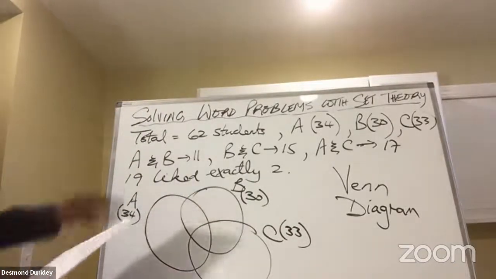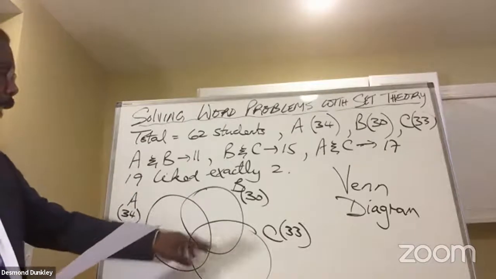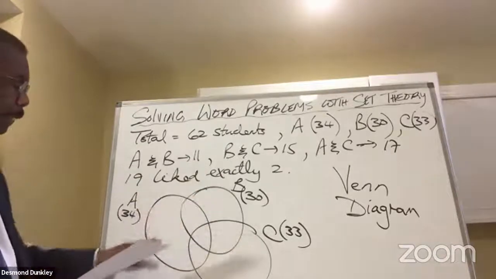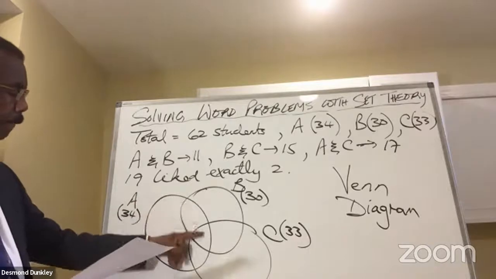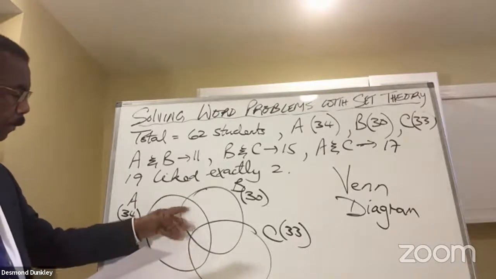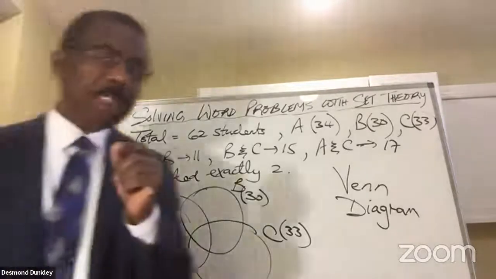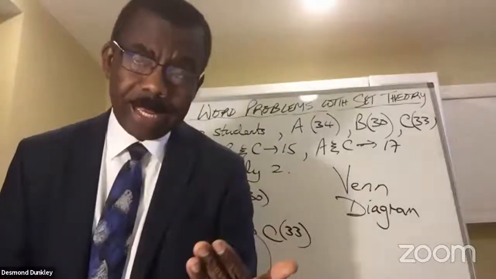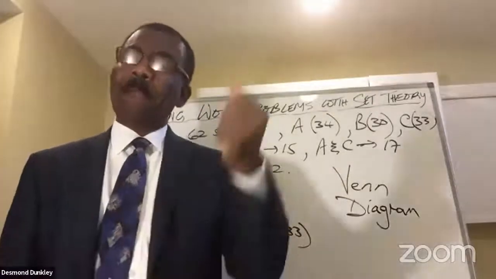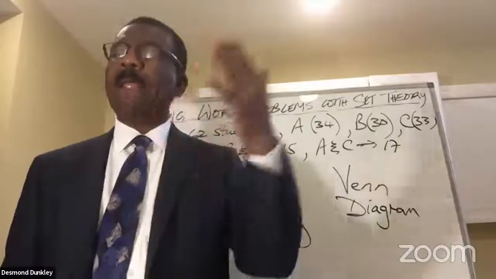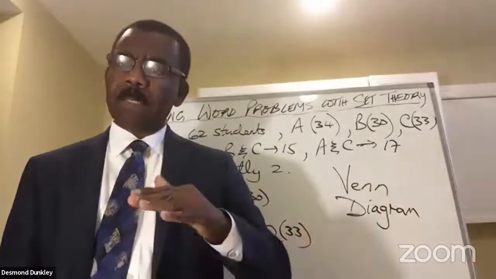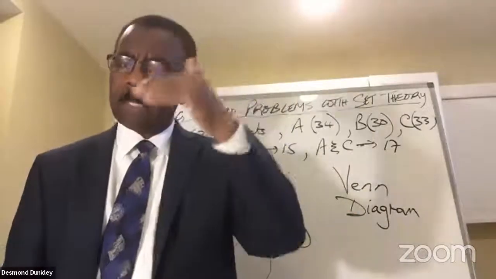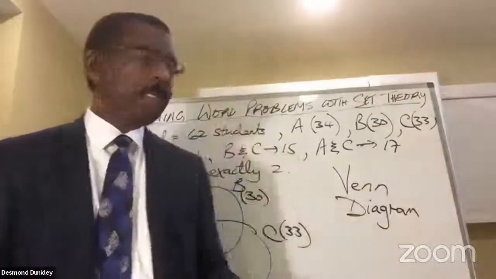It says that apricot and banana is 11. So there are 11 people in this group who like both apricot and banana. It didn't say apricot and banana only. It just says that they happen to like banana and they also like apricot. It doesn't say what else they might like, but they cover those 2 areas.